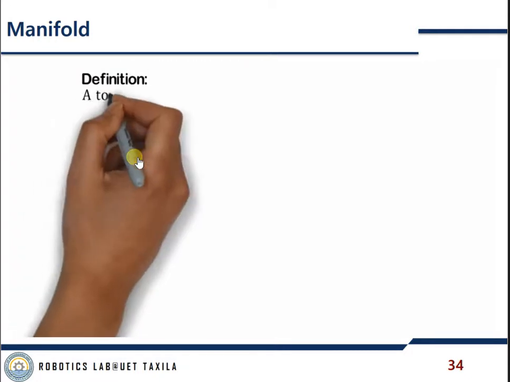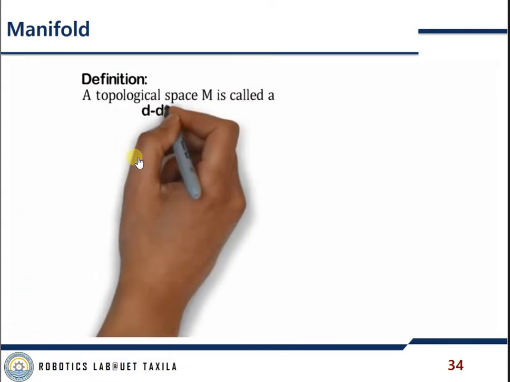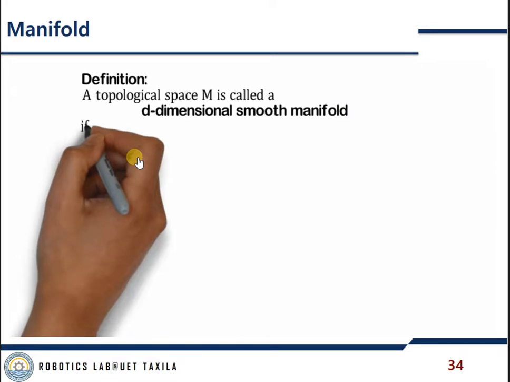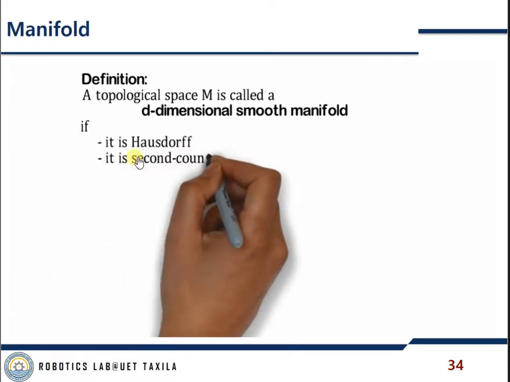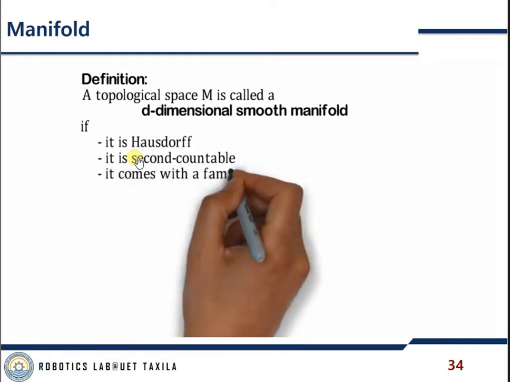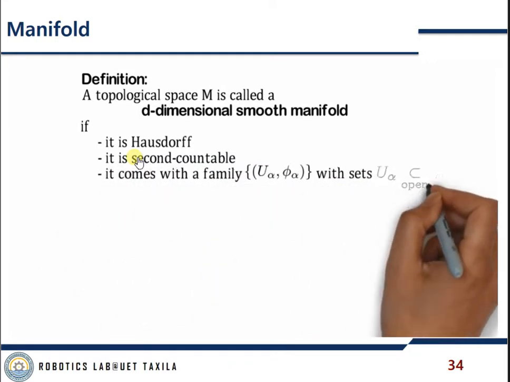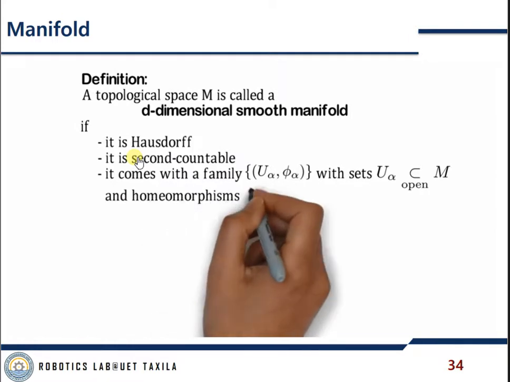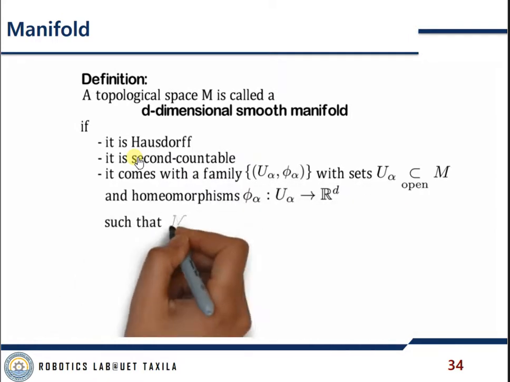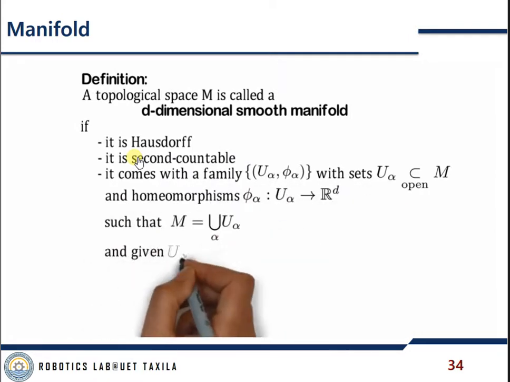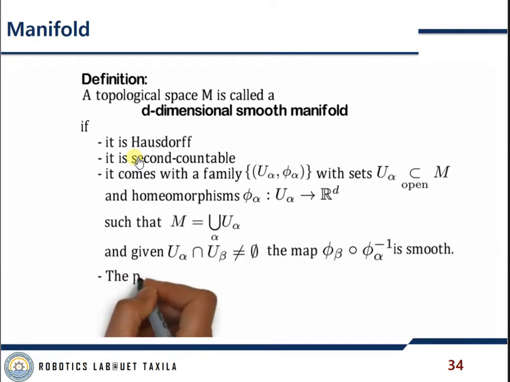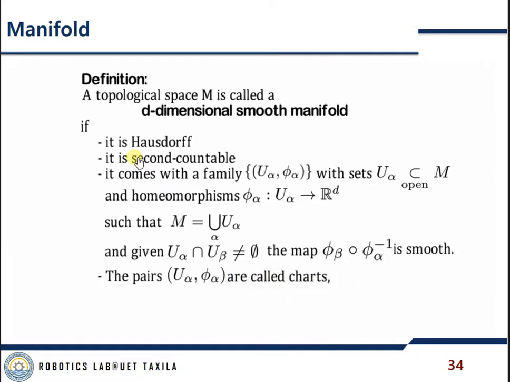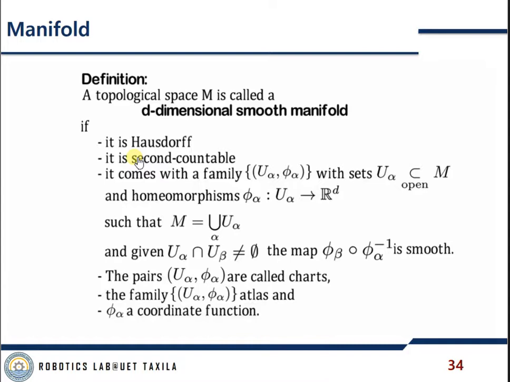A topological space M is called a d-dimensional smooth manifold if it is Hausdorff, it is second countable, it comes with a family (U alpha, phi alpha) with open sets U alpha and homeomorphisms phi alpha such that M is the union of all U alpha and the transition maps are smooth. The pairs (U alpha, phi alpha) are called charts, the whole family an atlas, and the phi's coordinate functions.